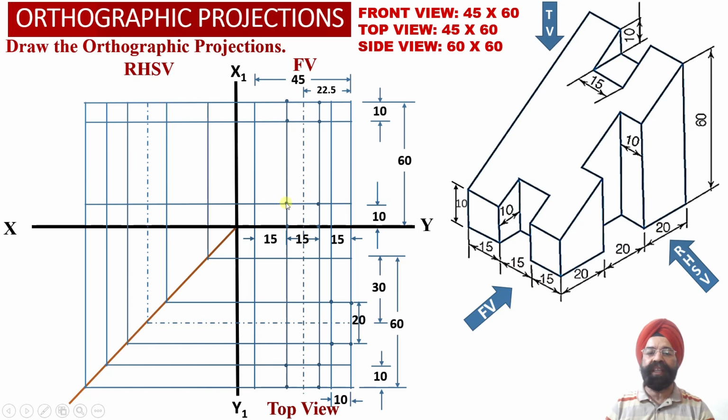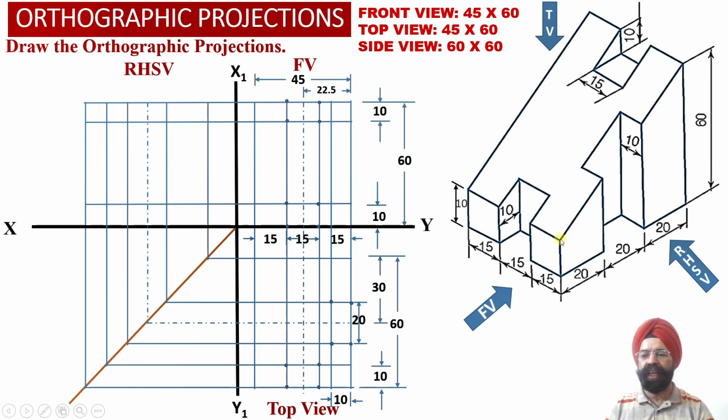And another thing we can observe, as we extend this horizontal projector line into the side view projections, is that this end point is going to determine the location of the height corresponding to this inclined surface. So this height is 10 millimeter, this height is 60 millimeter.